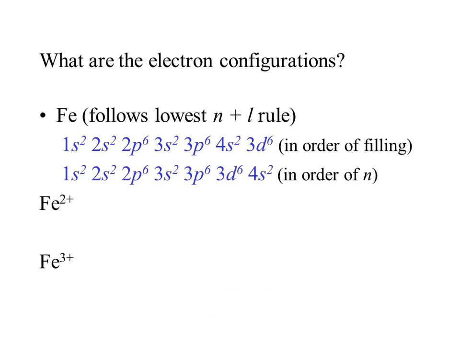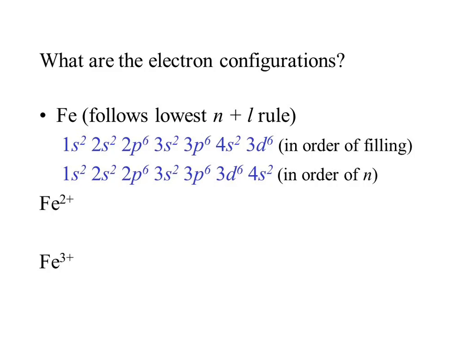So iron has 26 electrons if it's neutral. So using the lowest N plus L rule, which is what you're going to need to do for your unit exam on December 4th. Did I read that right? I don't know. It's after Thanksgiving. Okay. So you're going to want to use the lowest N plus L rule to say how those 26 electrons are organized. So the thing about iron, and we'll be hitting this tomorrow, is some metals like iron form more than one cation.